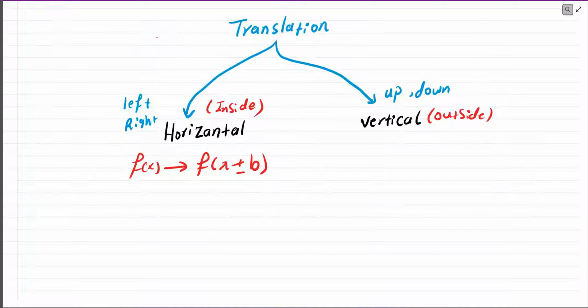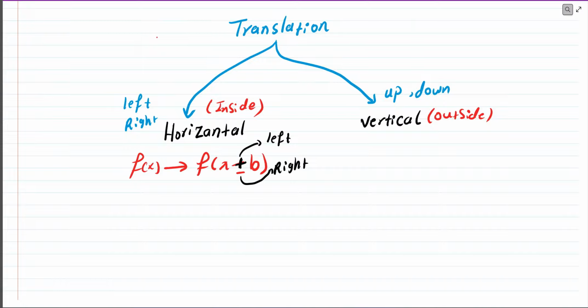Let's say b. This number, students, when you add b, will shift your function to the left side, opposite. Even though this is positive, we move to the left. For the negative, we move your graph to the right side. How about vertical?